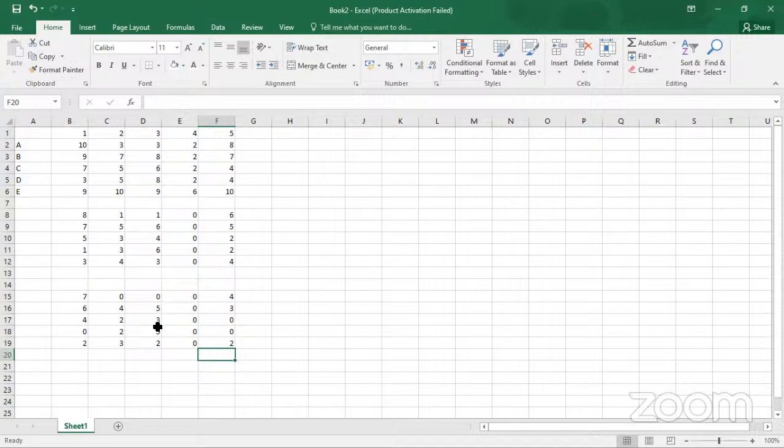Okay. Which is a single zero row or column?